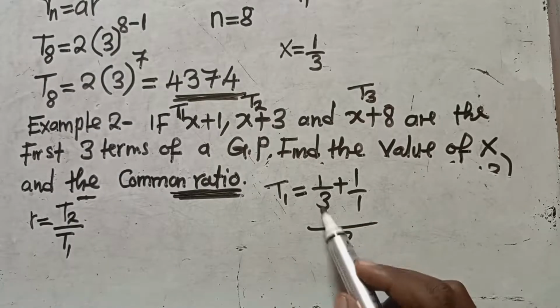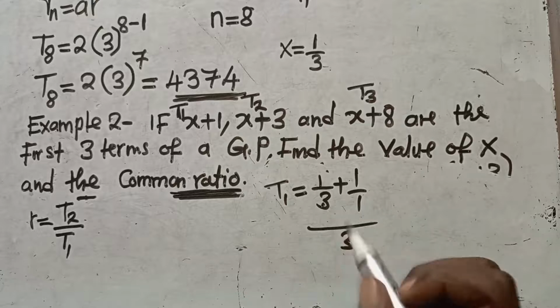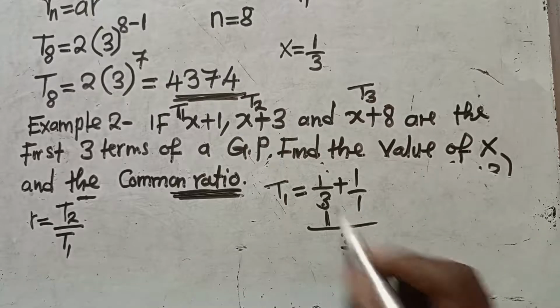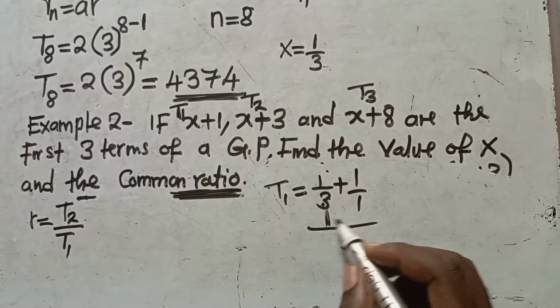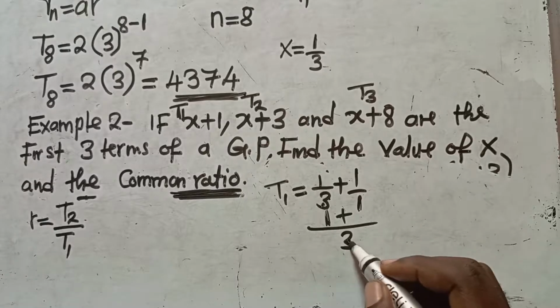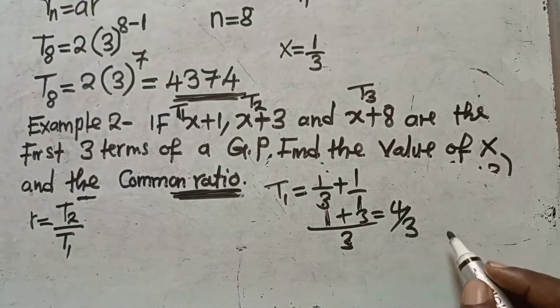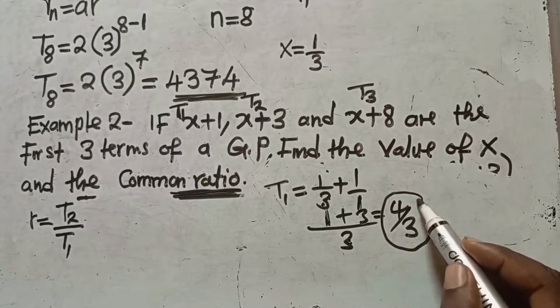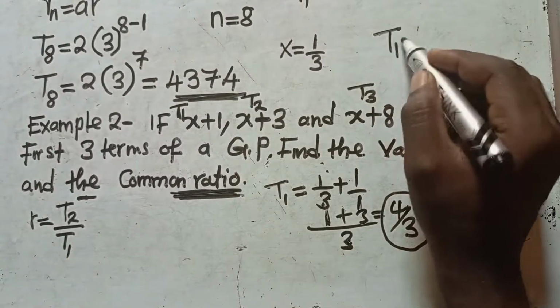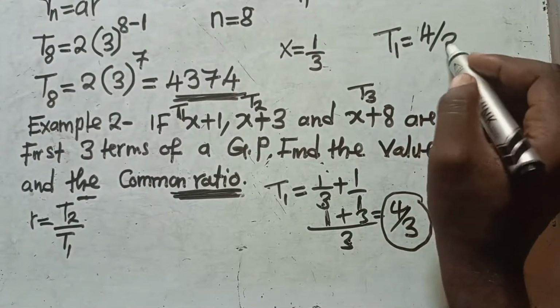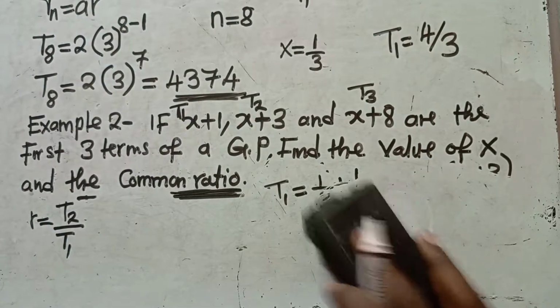We say over 3. 3 into 3 is 1, 1 times 1 is 1, plus 1 into 3, 3 times 1, that is 3. So we are getting 4 over 3. So this is the first term, 4 over 3.